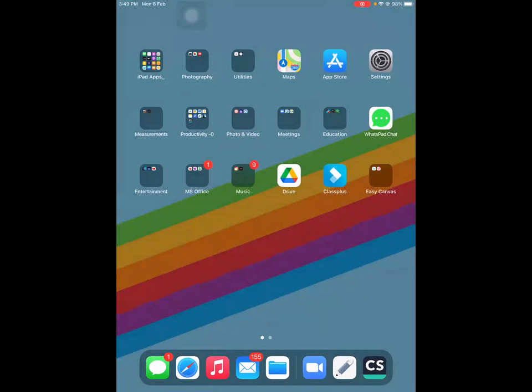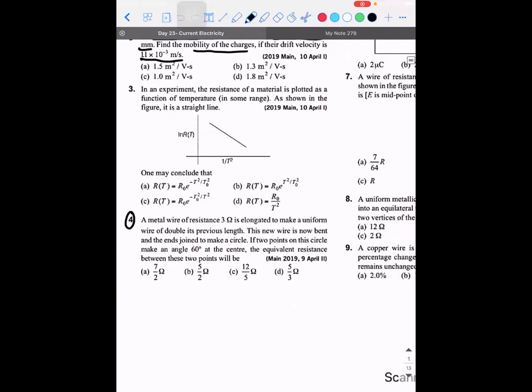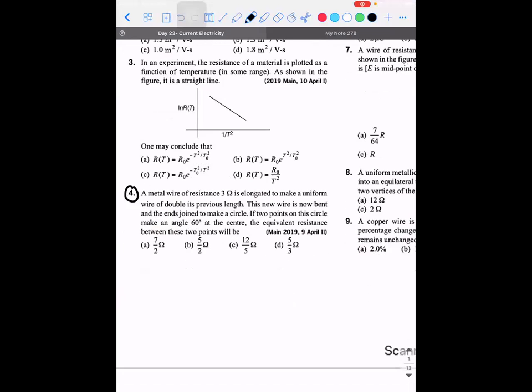What happened to others? If they double it, the resistivity will get doubled. Say again. No sir, if the length is doubled then the resistivity will get doubled. Hey, is resistivity dependent on length? Oh, okay, sorry.